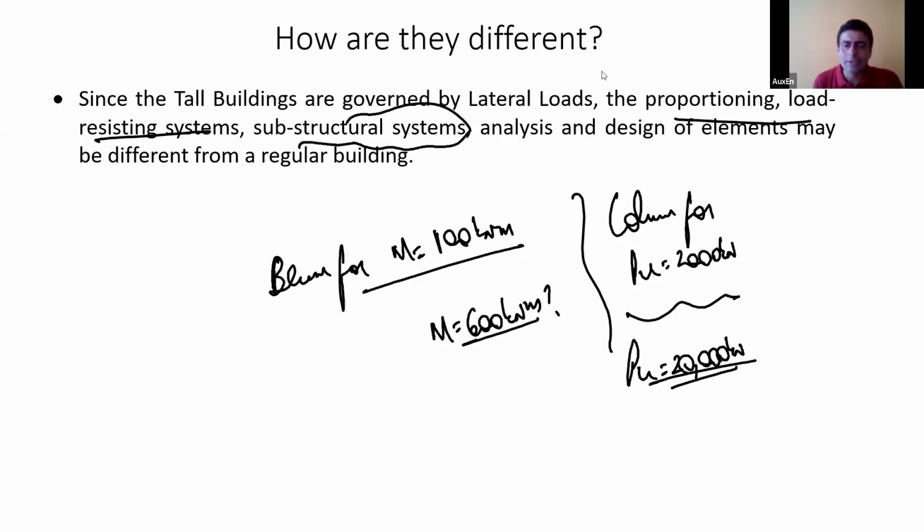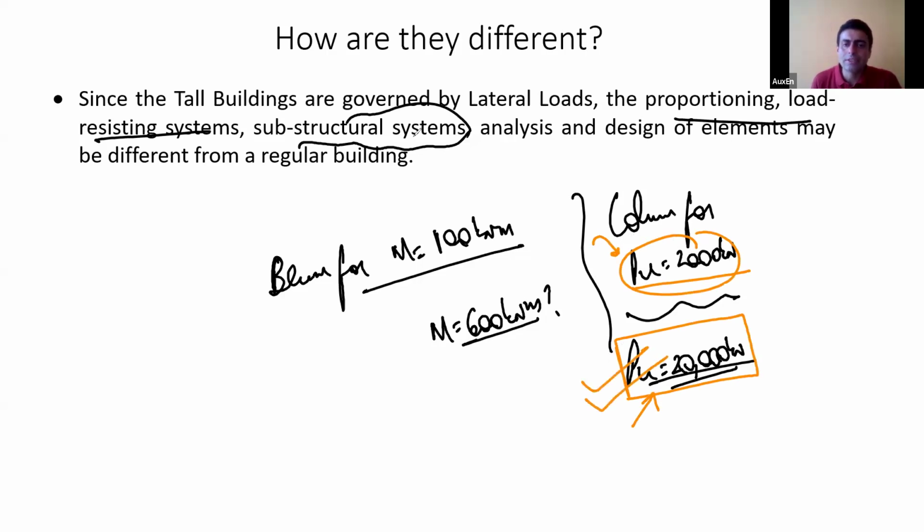If you know the basic process, there is nothing that stops you from being able to design, isn't it? So then, what is the difference? Let's say in a tall building which has 40, 50 floors, maybe the column loads are 20,000 kilonewton. If you are having a G plus 2, G plus 3, maybe the axial load is 2000 kilonewton. If you're able to design your columns for 2000, obviously you can design them for 20,000 also.